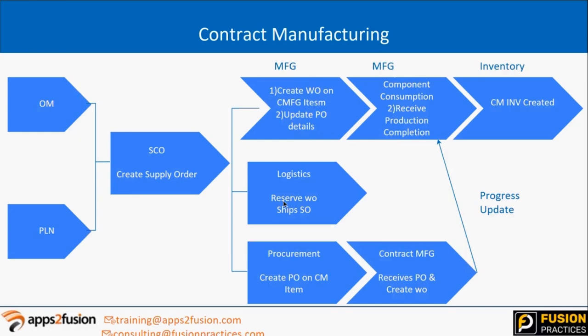In which the supply order was created. No, so basically what SEO does is, it sees that this order needs to be created at a contract manufacturing org. It directly creates the work order in the contract manufacturing org.